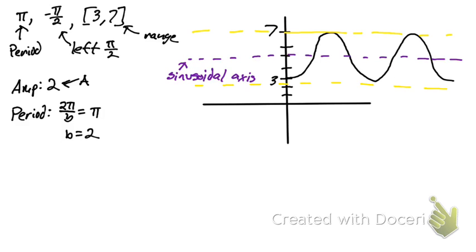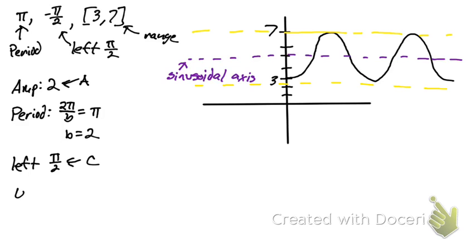Our c value is left or right. They gave us our c value. They said it goes left pi over 2. So since it goes left pi over 2, that is my c value. Finally, we need our d, which is up or down. Your sinusoidal axis is your up or down. Since our sinusoidal axis is at 5, you have to shift this graph up 5 units.